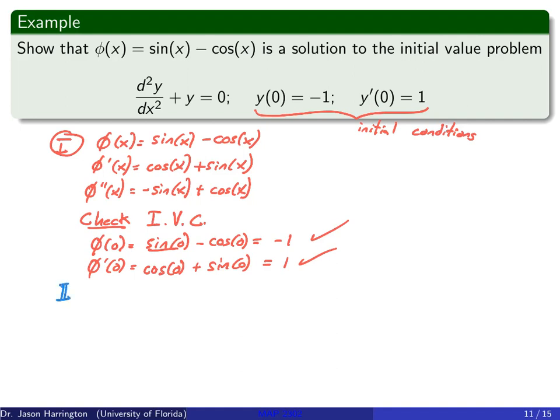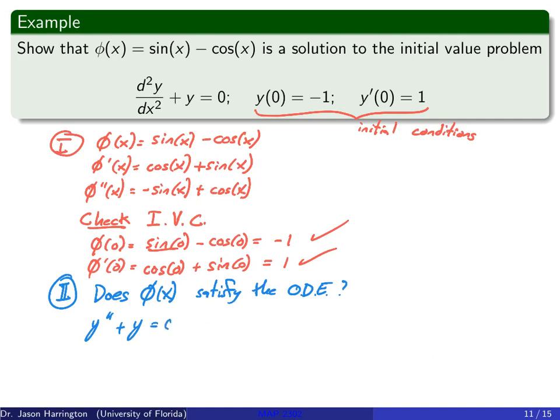And then, don't forget, you also have to make sure that it satisfies the ODE. So the next question is, does phi of x satisfy the ODE? Let's check it out. Well, we're going to have y double prime plus y. And again, I'm just going to substitute each one of those in there.